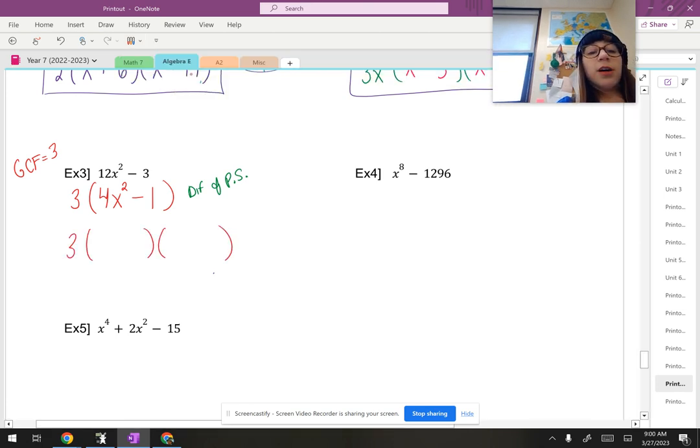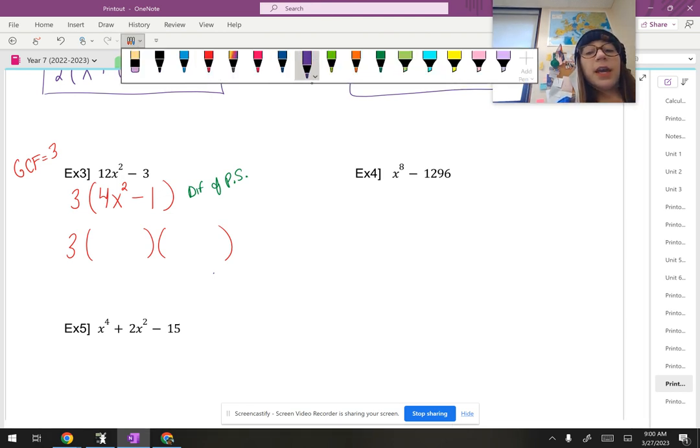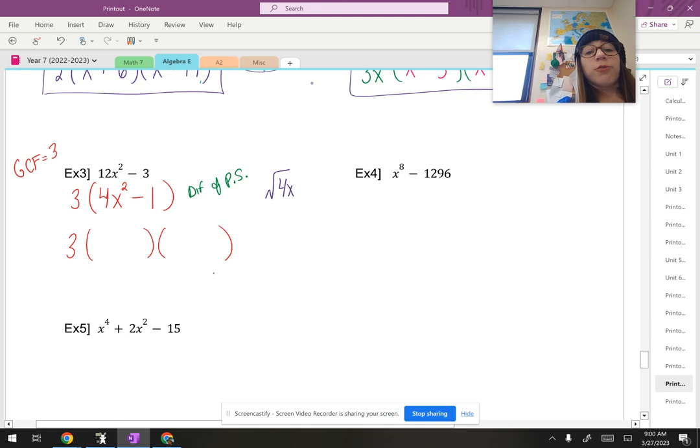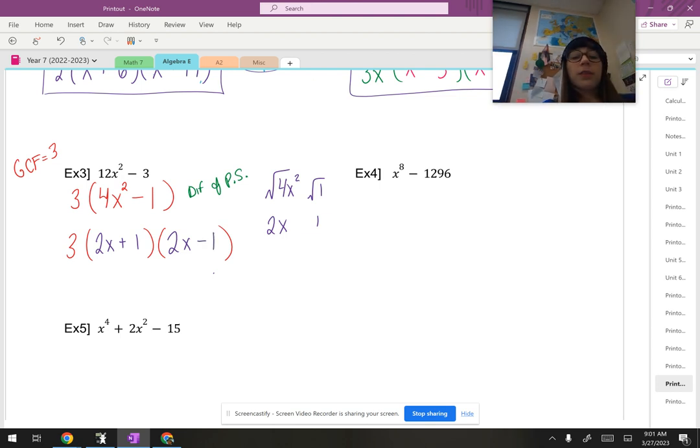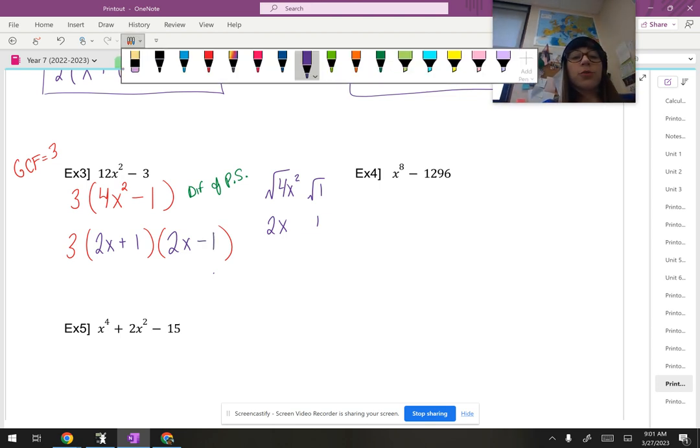What times itself gets me to 4x squared, aka you're square rooting 4x squared to get 2x. 2x times 2x is the only way I can get up to a 4x squared. And the square root of 1 is 1, because 1 times 1 is 1. Therefore, it's a plus 1 and a minus 1. Difference of perfect squares, super, super important to recognize.